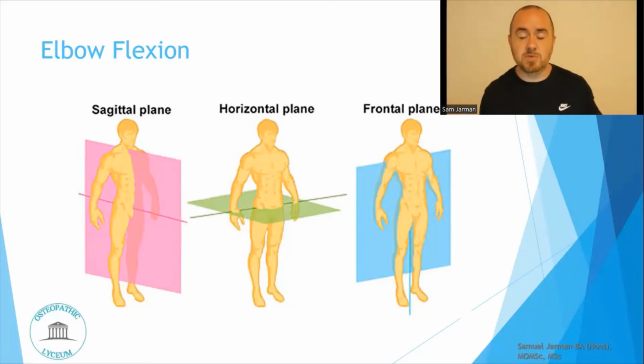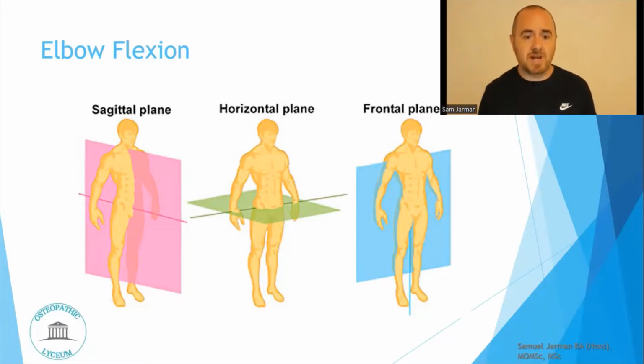With respect to elbow flexion, because the relationship between the three bones, the humerus, the radius, and the ulna, primarily the humerus and the ulna, is stable, you can technically say it's happening in other planes.